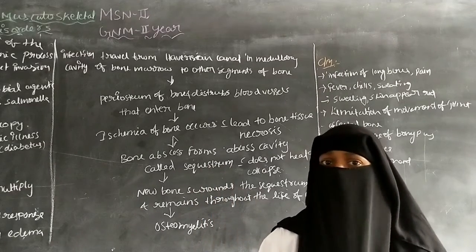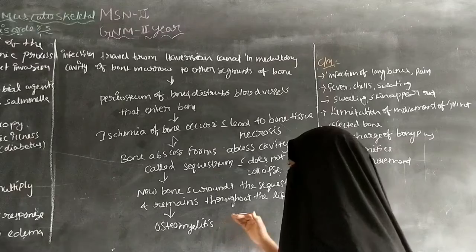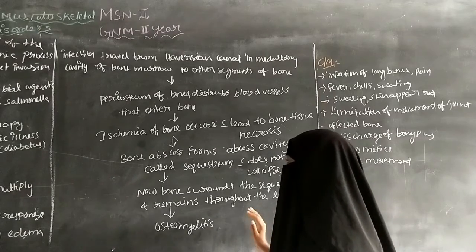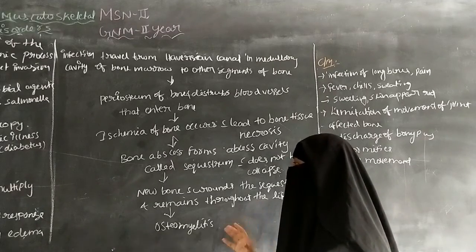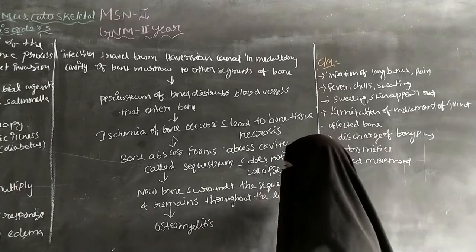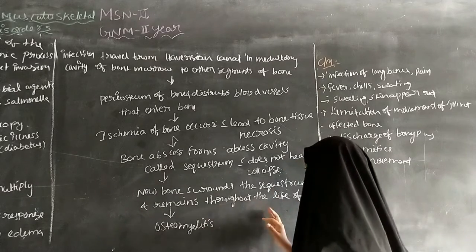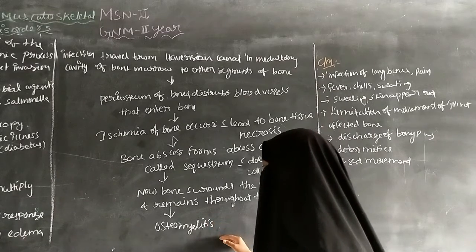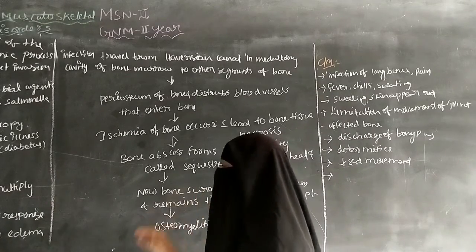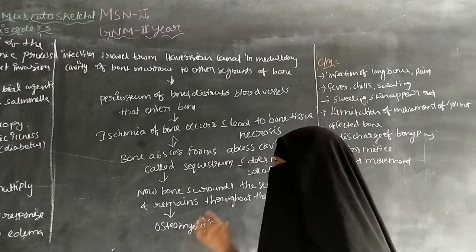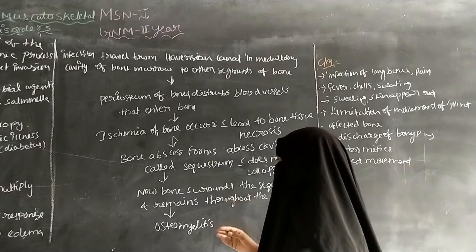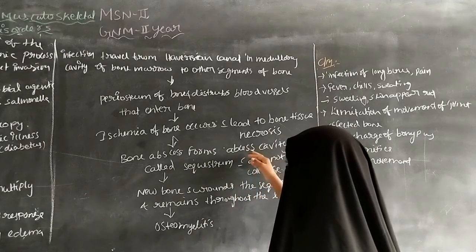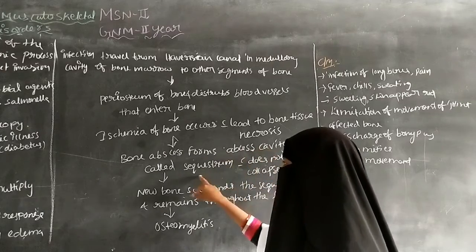The sequestrum remains in the bone for a long period, lifelong, and because of this the new bone surrounds the sequestrum and it remains throughout the life of the patient. It can lead to osteomyelitis. Because of the pus formation or the infection, there is formation of an abscess cavity called sequestrum.